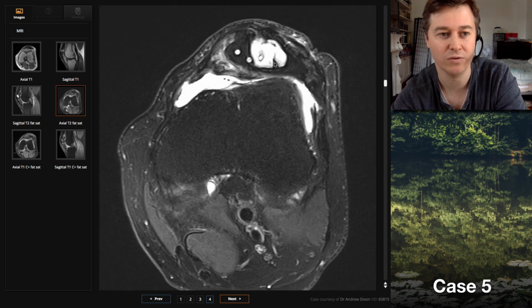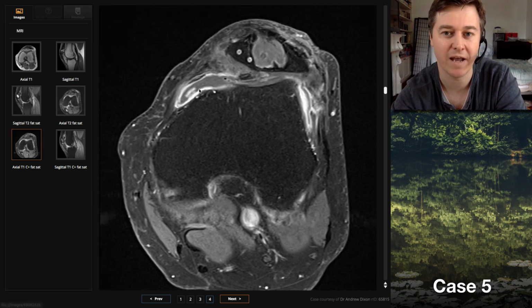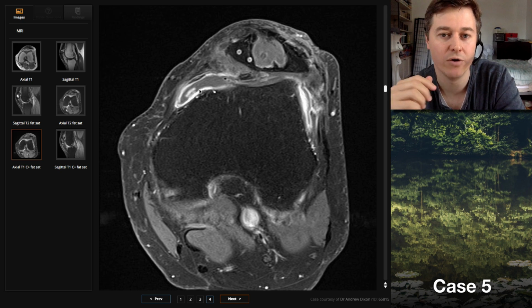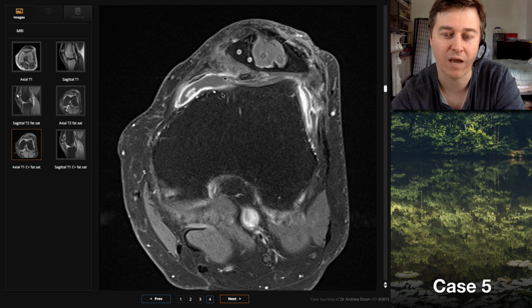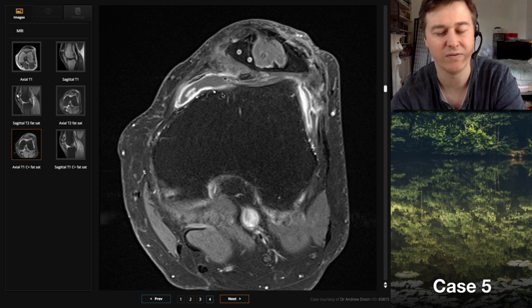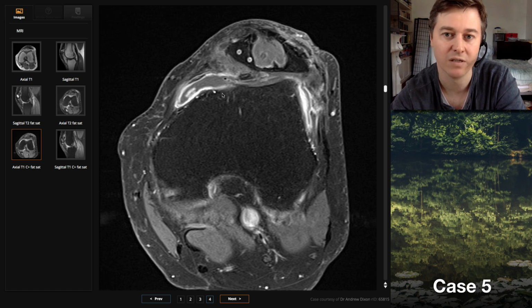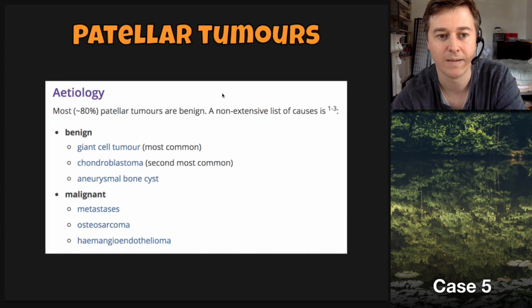But yeah, the lack of fluid levels and the apparent enhancement of the lesion would favour a tumour like a giant cell tumour of bone or a chondroblastoma. And then obviously you're going to throw in mets, myeloma in older patients, only really if they've got a history of malignancy. Would I put that in there? It's because it's a very rare spot for a metastasis.